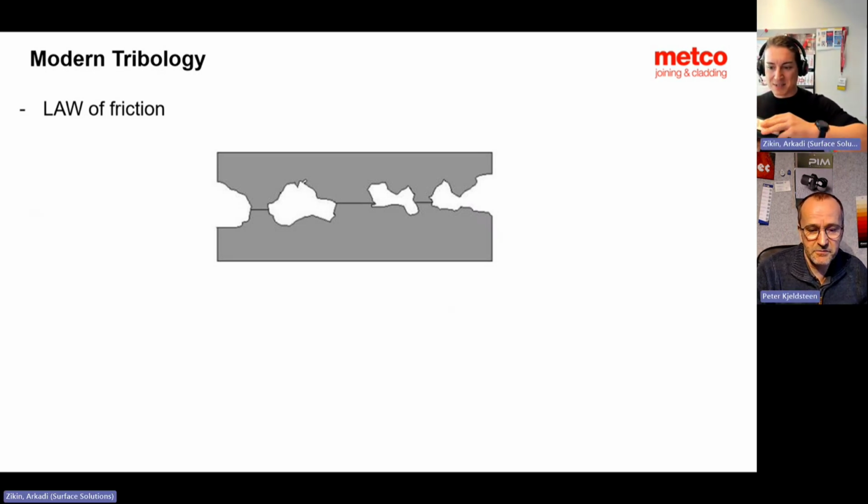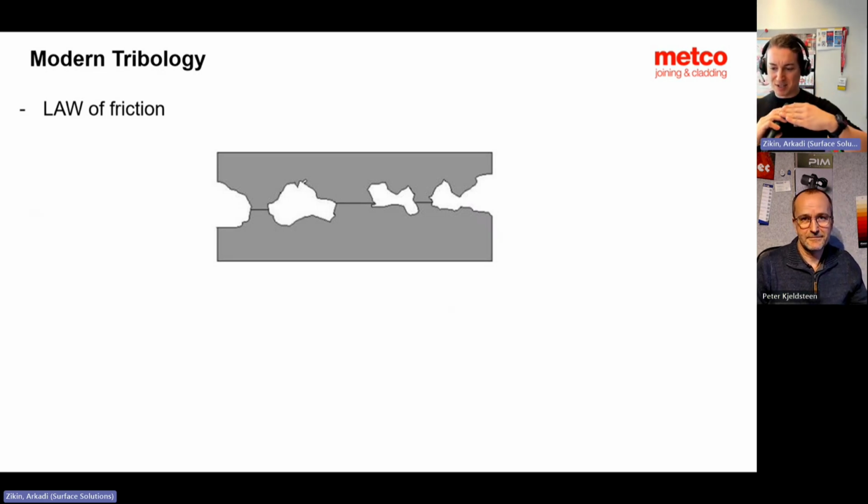Then you have some adhesive friction. We don't talk about wear here. On a microscopic scale, it's not like a flat surface interacting with a flat surface. You always have so-called asperities, contact points due to the surface roughness which interact with each other.